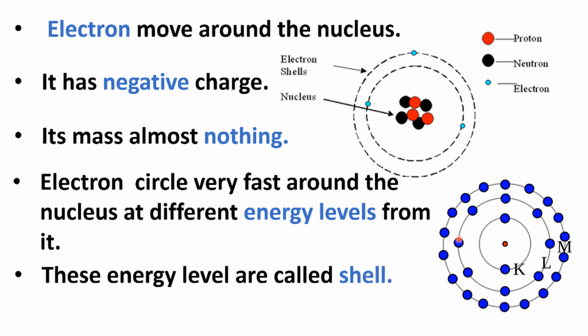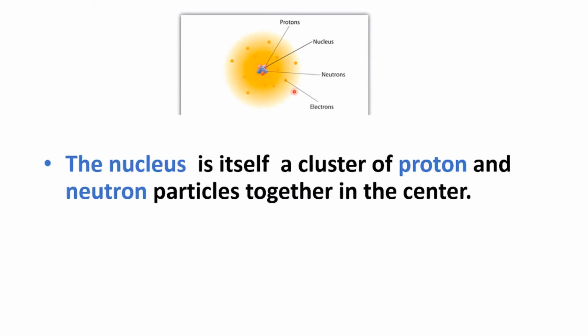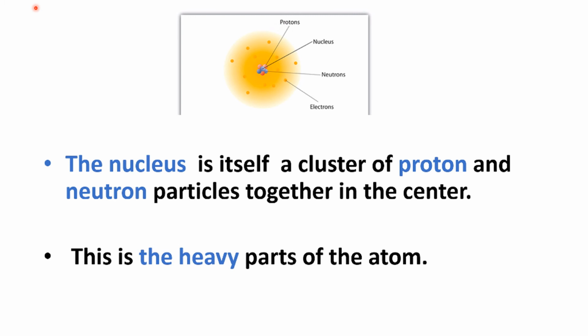These energy levels are called shells. The nucleus is itself a cluster of proton and neutron particles together in the center. This is the heavy part of the atom.